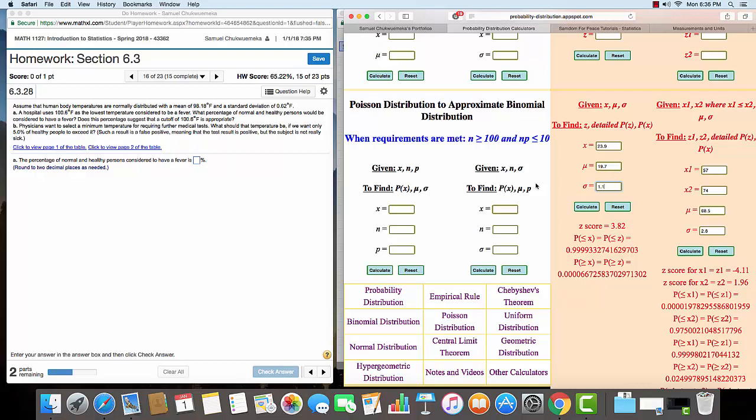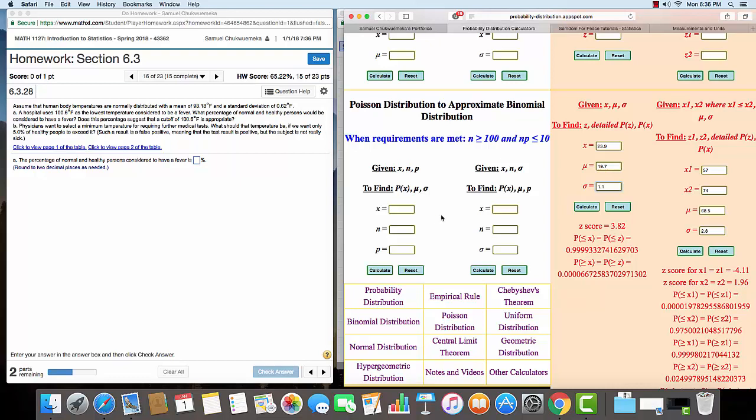Does this percentage suggest that a cutoff of 100.6 degrees Fahrenheit is appropriate? B. Physicians want to select a minimum temperature for requiring further medical tests. What should that temperature be if we want only 5% of healthy people to exceed it? Such a result is a false positive, meaning that the test result is positive, but the subject is not actually ill.